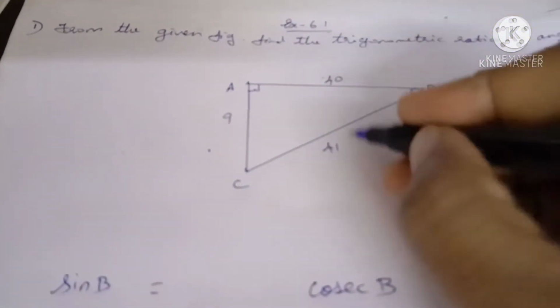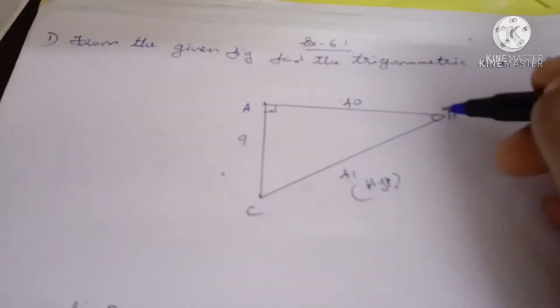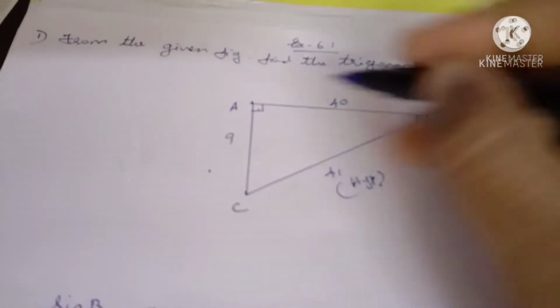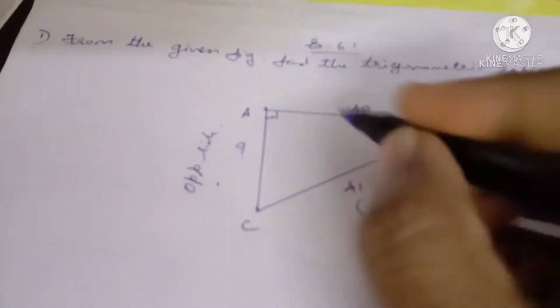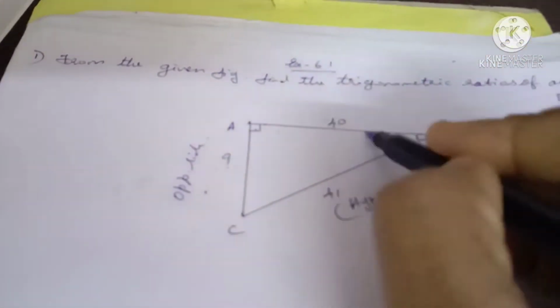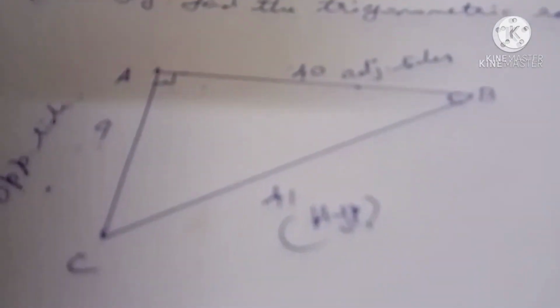Opposite to 90 degrees is the hypotenuse. Then opposite to theta is the opposite side, and the last one is the adjacent side.